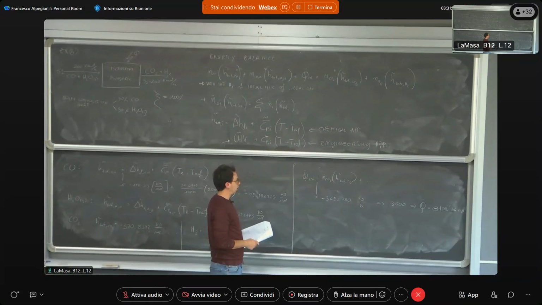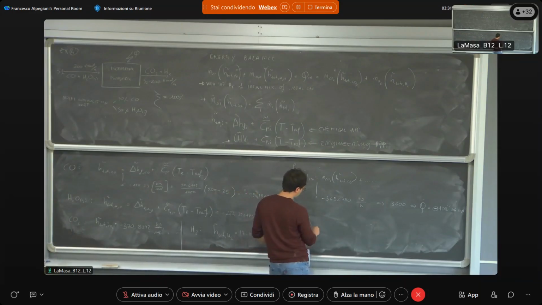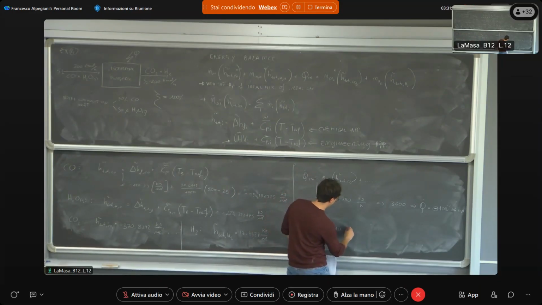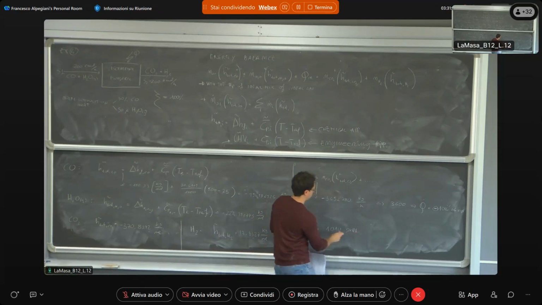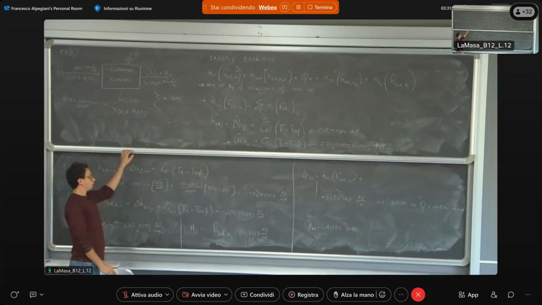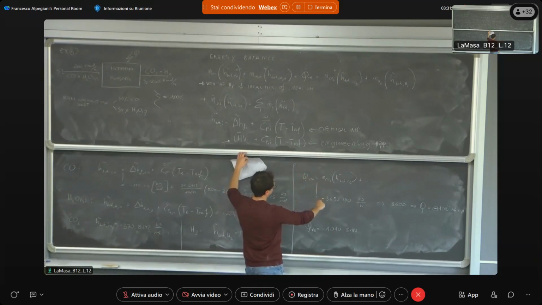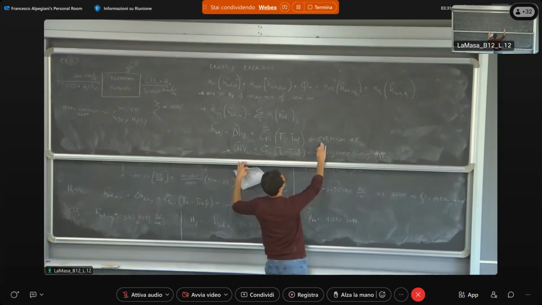So maybe there are some differences. But in this case, if you evaluate Q with an engineering approach, it comes equal to minus 1010.33. Okay, this difference of 4 kilowatt is due to approximation. But my suggestion is to use the chemical approach. Okay.